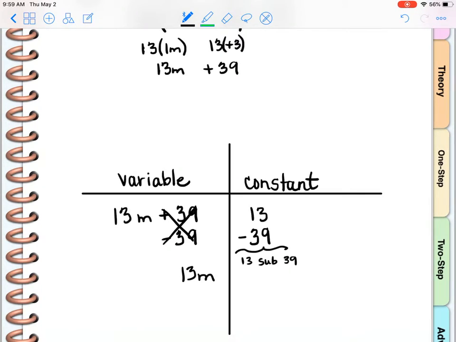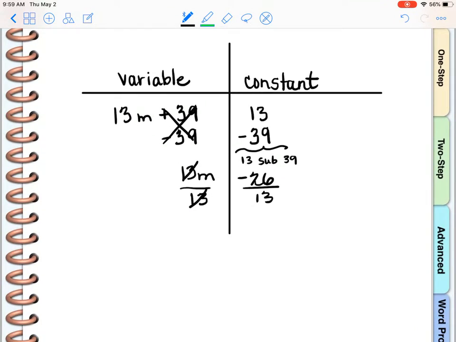Be careful there. That's going to give you a negative 26. Divide your 13 through. So m is -2.